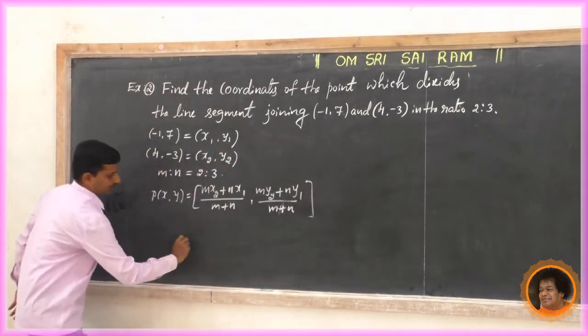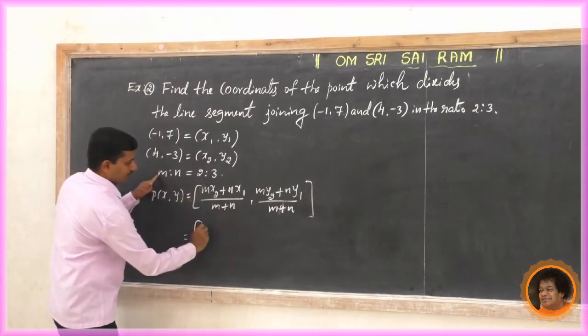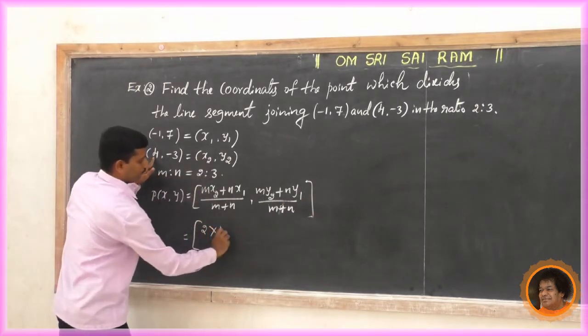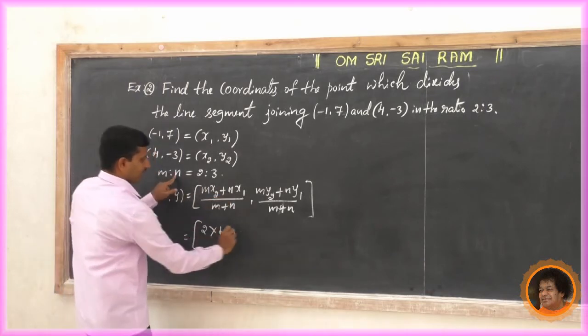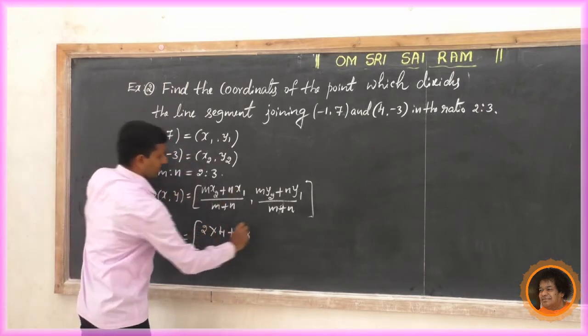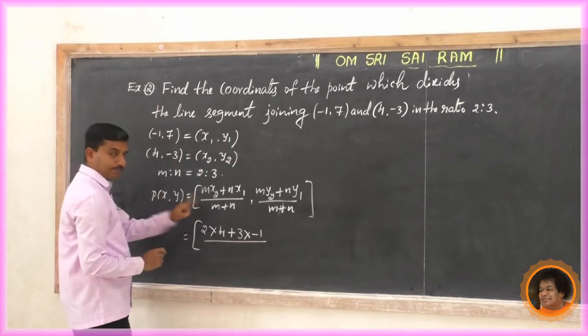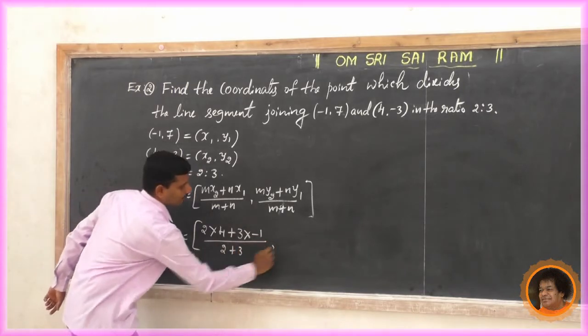Now substitute the values. So mx2, here the m value 2 into x2 value 4 plus nx1, so n value 3 into x1 value -1, divided by m plus n, that is 2 plus 3.